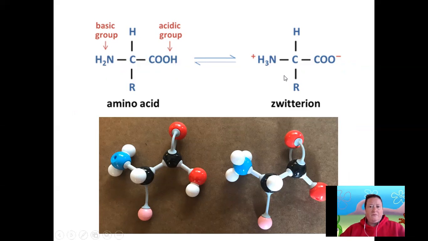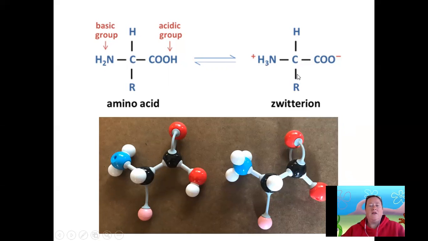Now, how amino acids exist in the body is very dependent upon if it is in an acidic or a basic medium. So if it's traveling through fluids in your body at different pHs, it's going to impact what this looks like. Sometimes, depending on the pH, you might pick up an extra hydrogen.